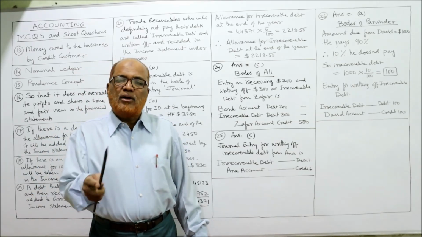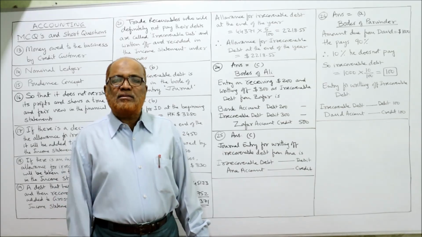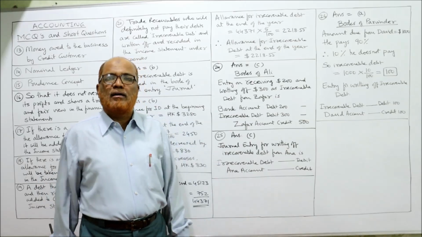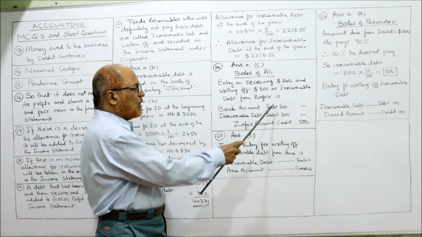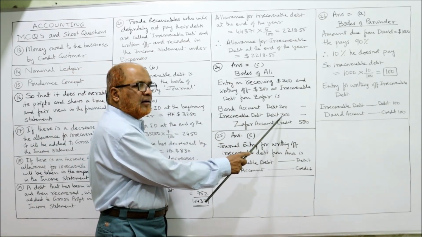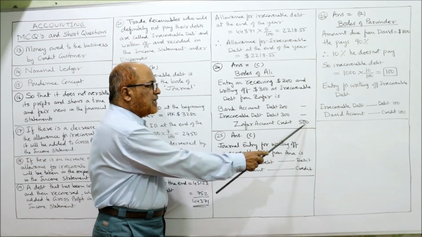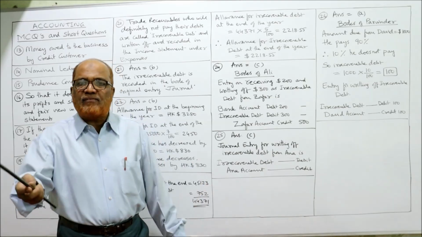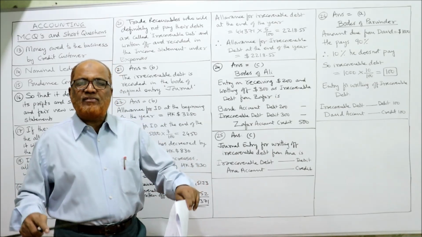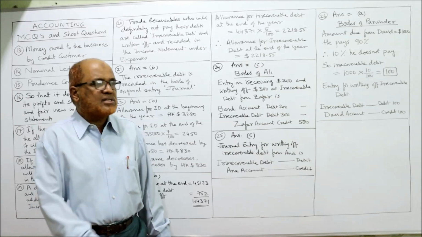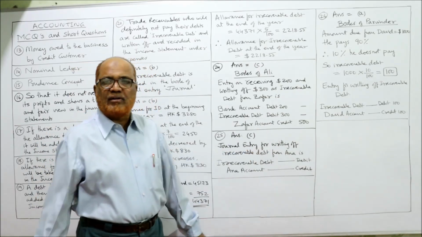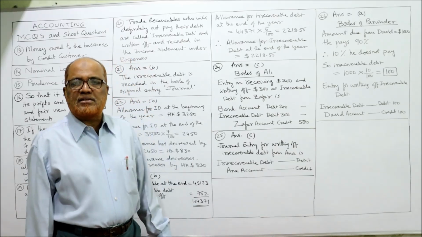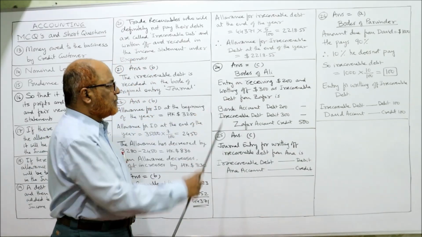Out of 500, 200 received, so the remaining 300 is irrecoverable debt, and irrecoverable debt should be debited. So bank account debit 200, irrecoverable debt debit 300. Zafar account credit 500. Who is giving this money? Zafar. And how much do we actually have to receive from Zafar? 500. So Zafar's account should be credited by 500. So debit 500, credit 500. That's it. So the answer is C.